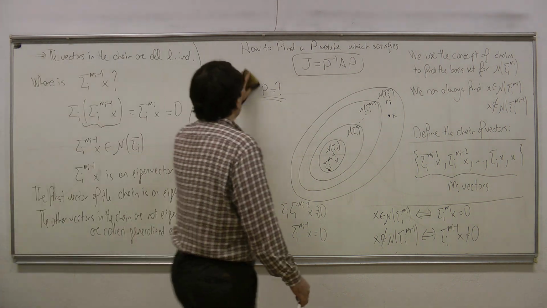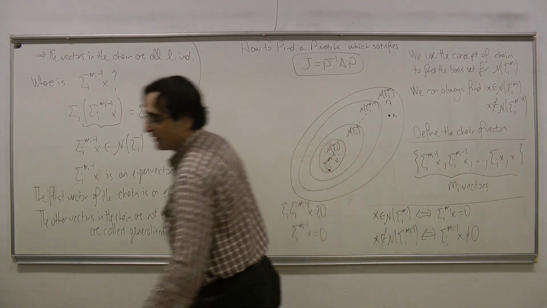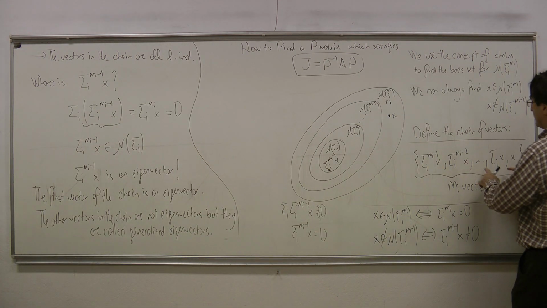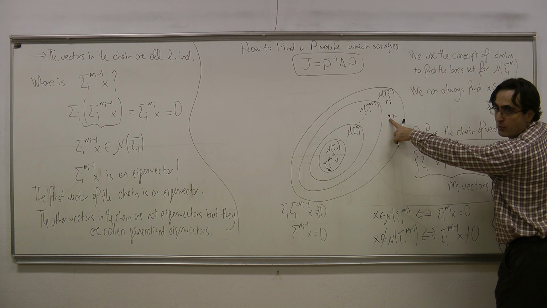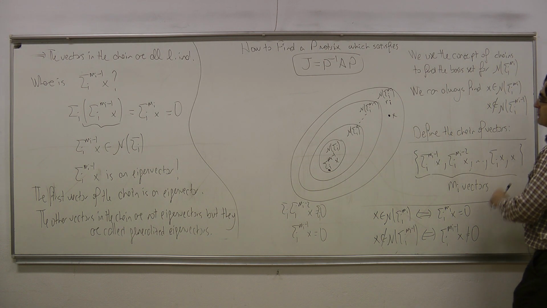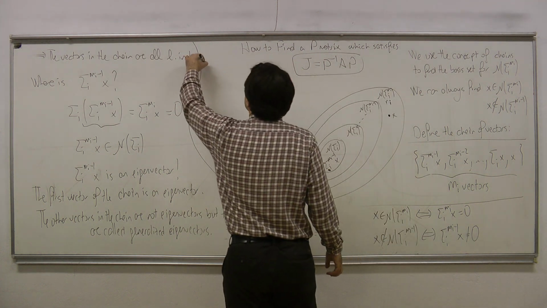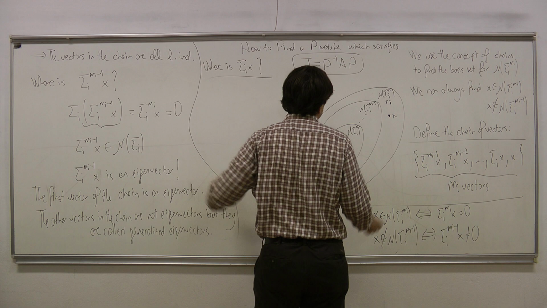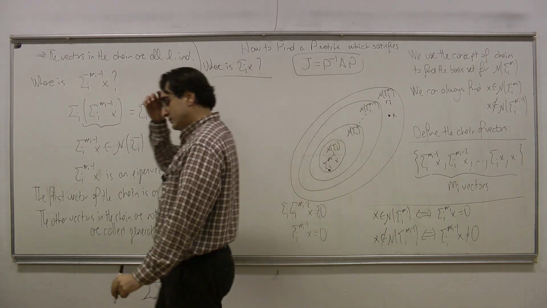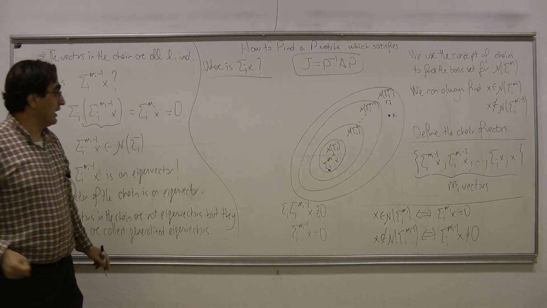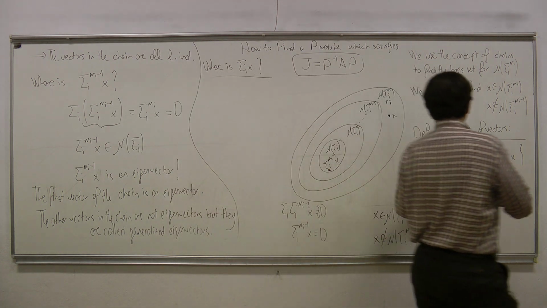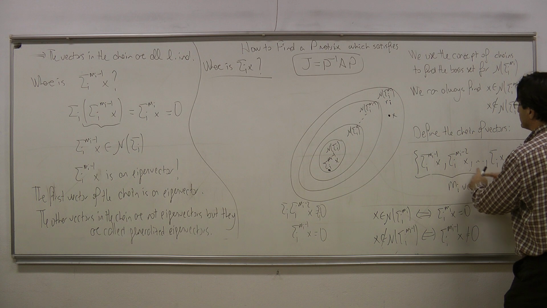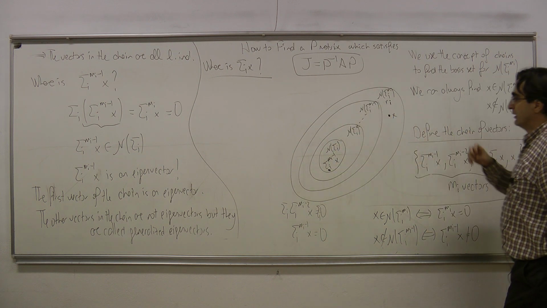Let us try to understand the other vectors. So I know that this x is in this outermost disk. What about sigma I x? Where is sigma I x in this structure? I have found the places of the first and the last vectors, and I'm now wondering where the other vectors are in this structure.